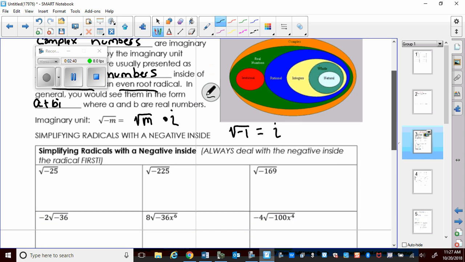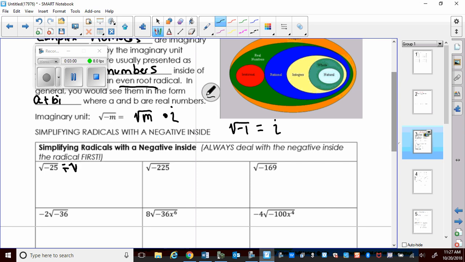So what does that mean, Ms. Smith? So what I typically do is I take apart what's inside, and I implore you to do the same. Inside of this radical is negative 25. I'm going to take this apart and set it up the way that works for me. So this equals the square root of 25, it becomes positive, times the square root of negative 1.